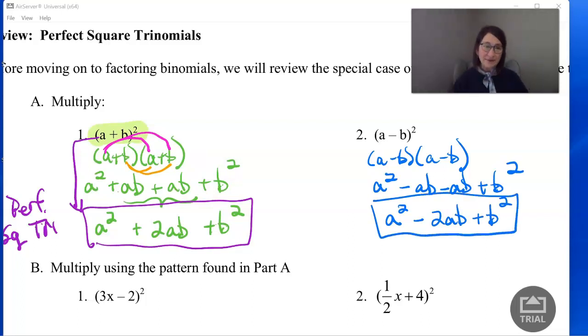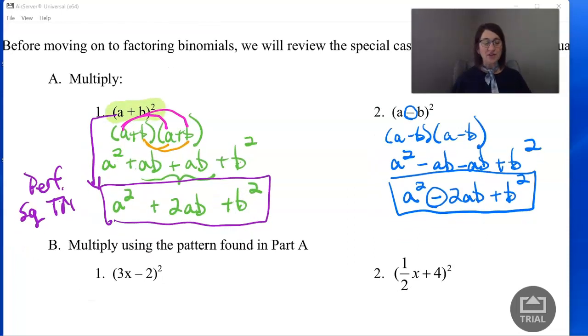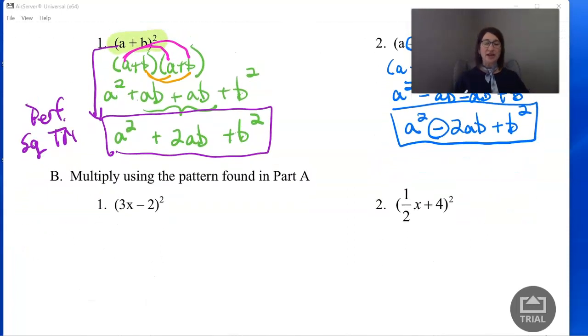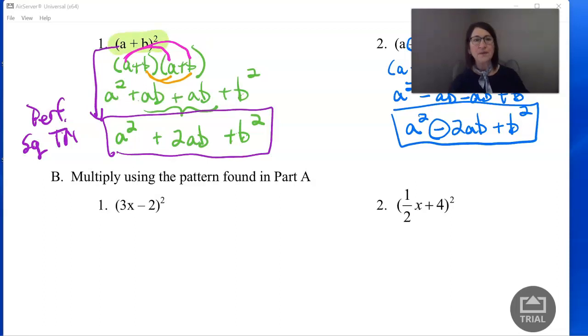The only difference between the green one and the blue one is that because the original binomial is subtraction, you will see subtraction between the first and the middle term. Okay, so now we're going to look at these two examples in B. And instead of expanding out and multiplying using FOIL, we're going to use the formulas.